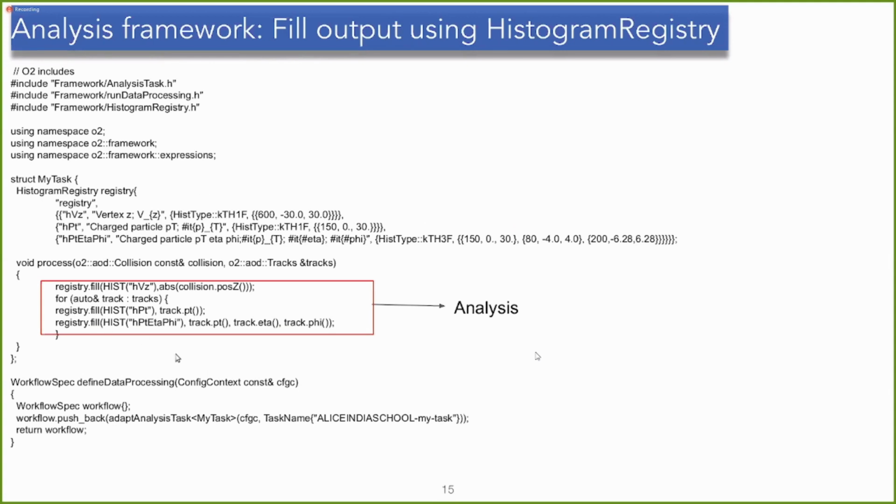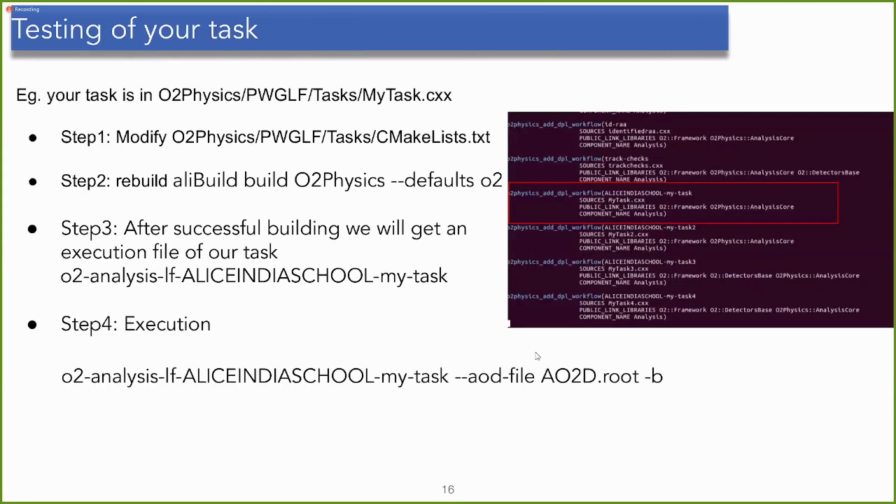Now let me show you how one can compile and check if the task is working or not. In order to do so, you need to follow the following steps. For example, you can put this task under this PWGLF tasks folder. Then you need to modify your CMakeLists. In that folder, you will get a file called CMakeLists.